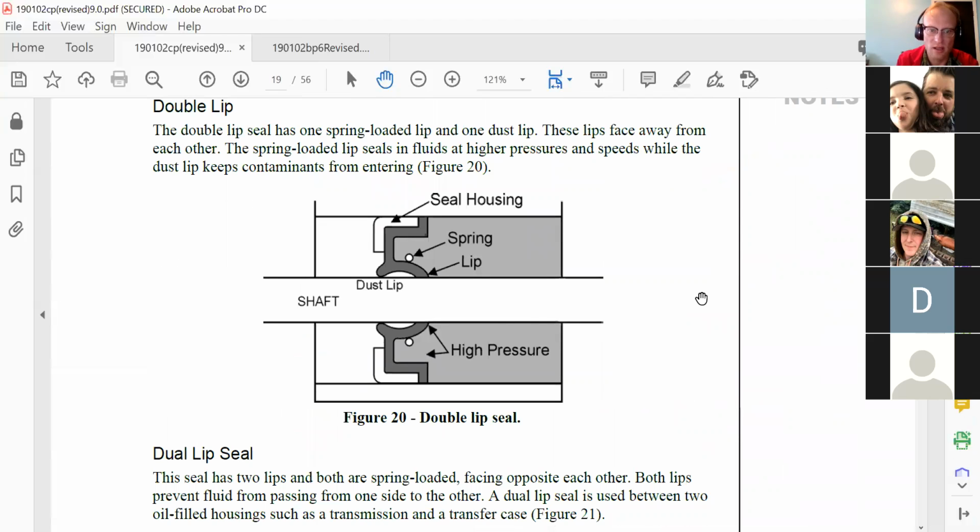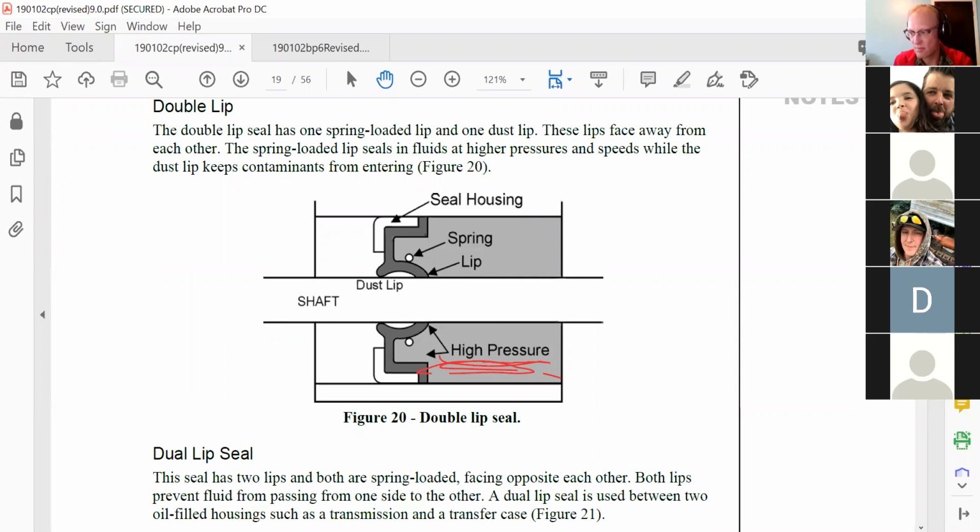So a double lip seal has one seal that stops contaminants from getting anywhere close, and the other one stops any pressure or liquid from escaping, or small amounts of pressure. They call this high pressure, but it's probably not as high as we would think.